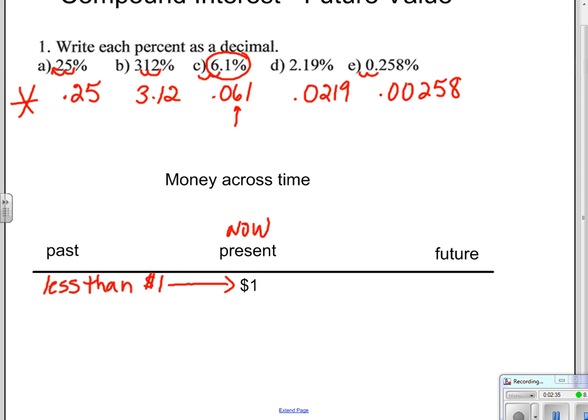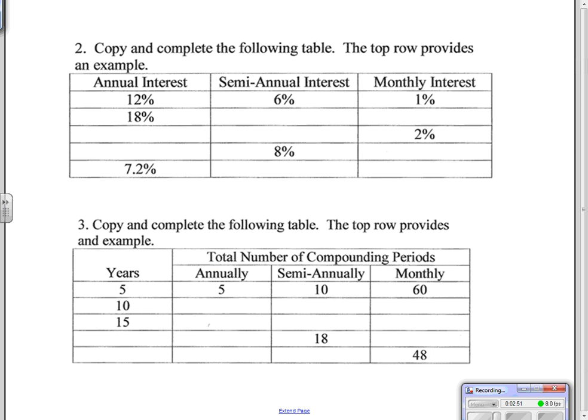If you have $1 right now and you save it, then in the future you will get greater than $1 as interest is added to it. So you have some charts as we continue to work with our interest rates.